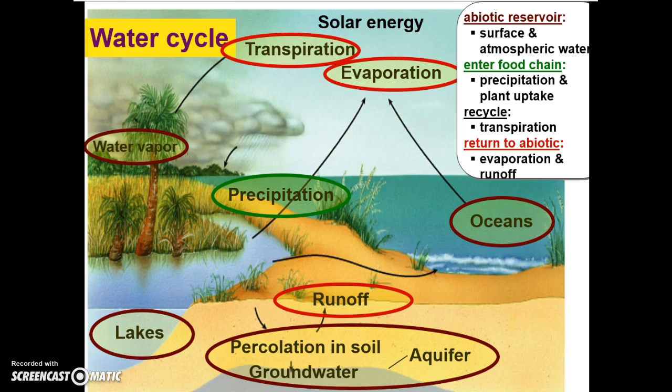But evaporation is the main way that it returns to its reservoir, which is generally its reservoir in the clouds and in the atmosphere. But it also is going to return to its reservoirs in the oceans or any body of water through precipitation.